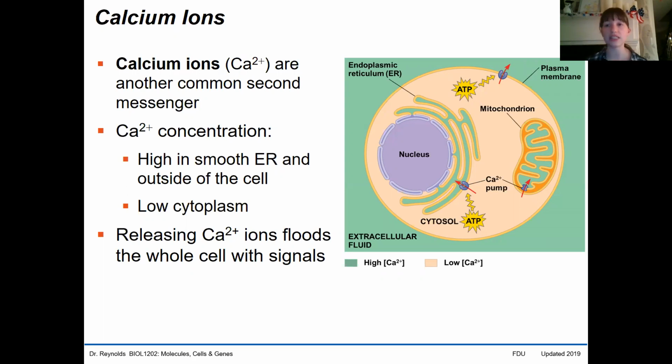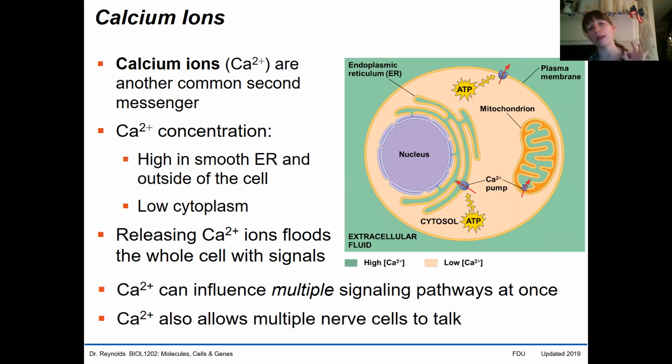And when it's released, the entire cell gets flooded with calcium ions. And so it can actually result in multiple signaling pathways being activated at once. And it actually allows the entire cell to be regulated.